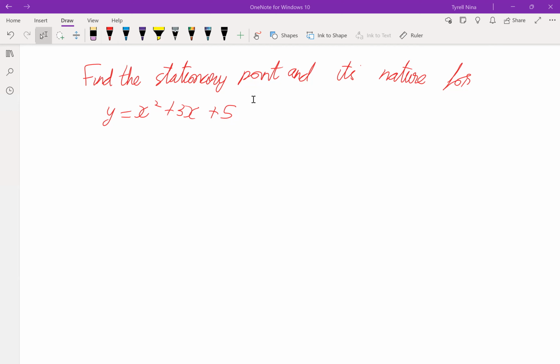Right, and when you see nature and stationary point, use differentiation. I don't want to see minus HK, right? If I see minus HK, you're in the wrong section.